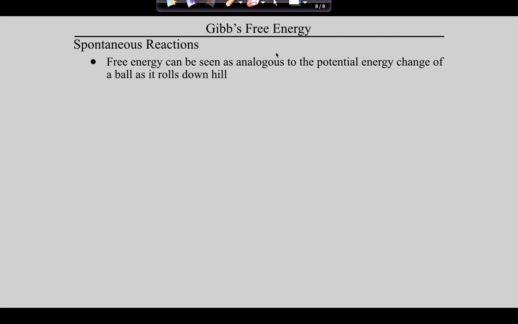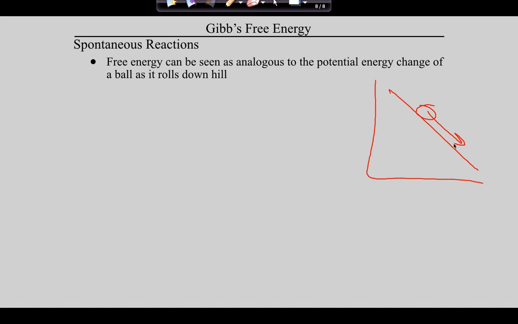So guys, when I think about free energy, I think about a ball rolling downhill. And we've been talking about this all along, which sort of brings this together. Guys, why do balls roll downhill? They lose energy. And did you notice I was fudging it a little bit? Because we said when the ball loses energy, it loses energy in the form of heat. And it kind of does.